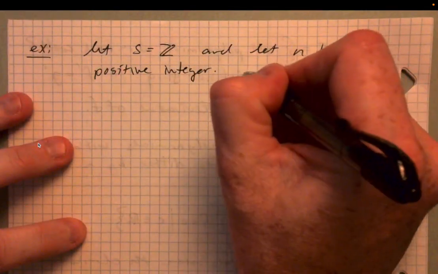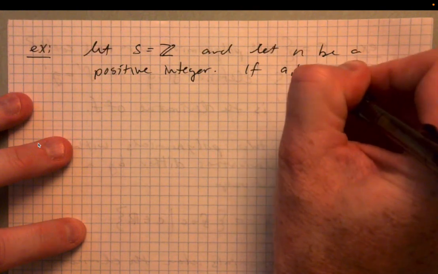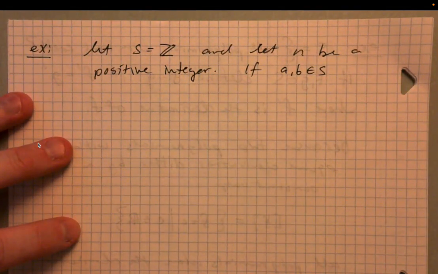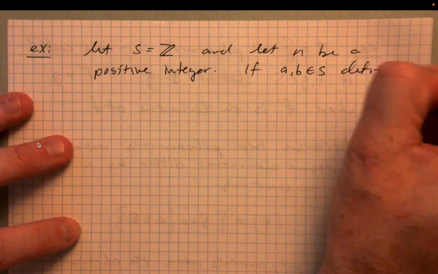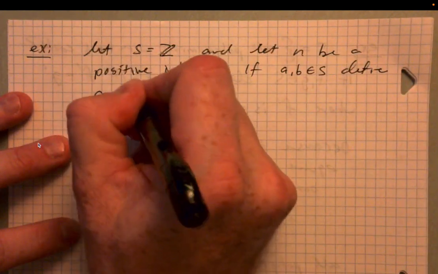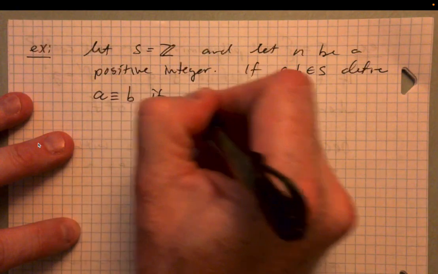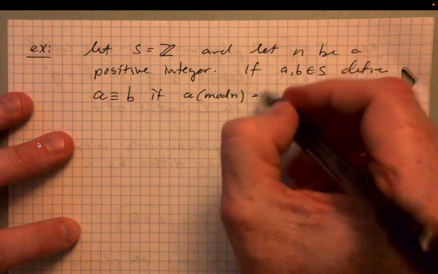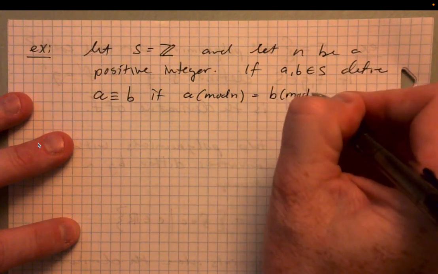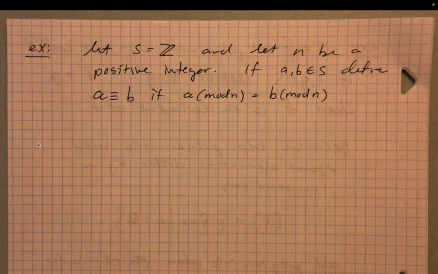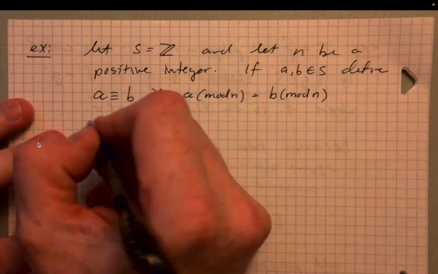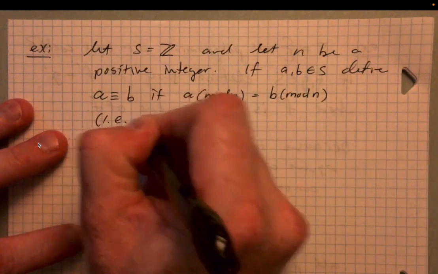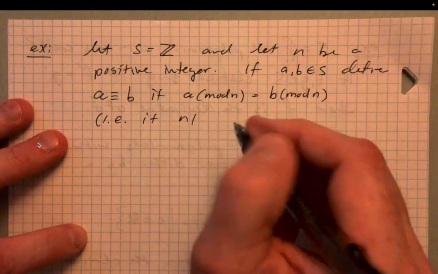If a and b are in S, i.e. they're integers, let's define a to be equivalent to b if a mod n equals b mod n. Okay. And we saw previously another way to characterize this, i.e. if n divides a minus b.